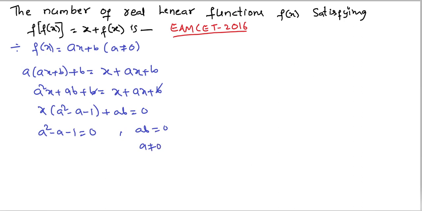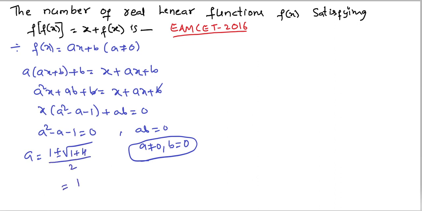A is not equal to 0, so b = 0. So a² − a − 1 = 0 means a = (1 ± √5)/2. Here there are 2 values of a, clearly 2 values. So the number of linear functions is 2.